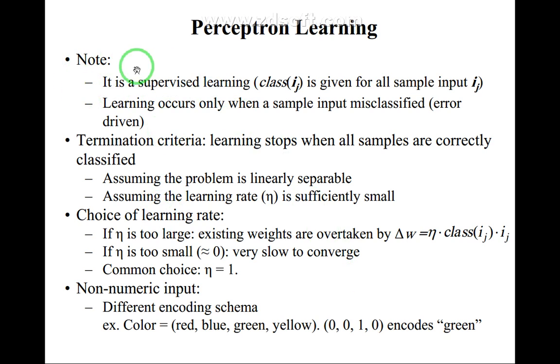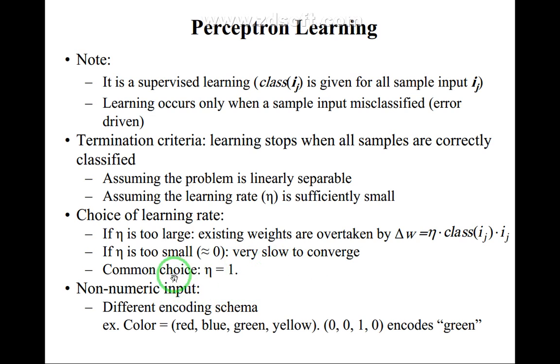So let's have some notes. Perceptron learning is supervised learning, which means you have to have the output available, and we assume the problem is linearly separable and the learning rate is a sufficiently small positive number. On the choice of learning rate: if the learning rate is too large, existing weights are overwritten, and if it is too small, very close to zero, convergence is very slow.